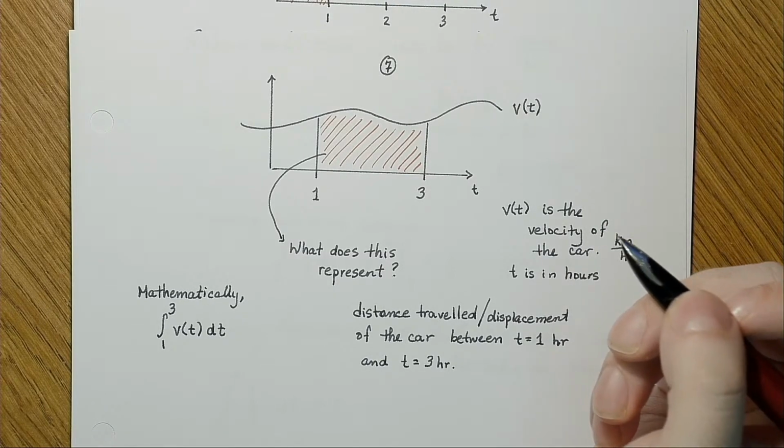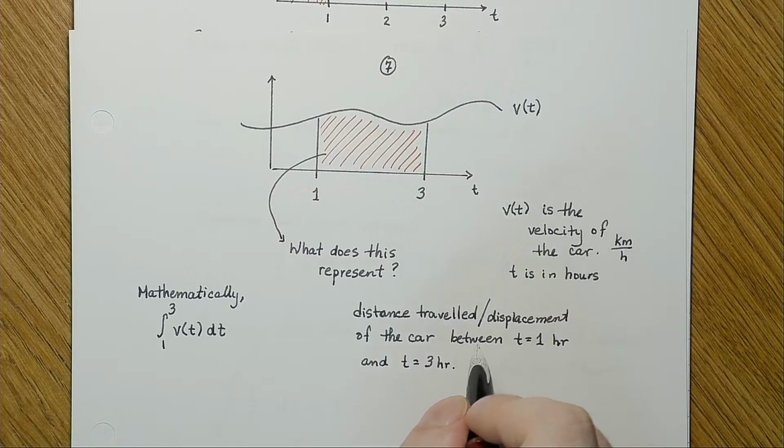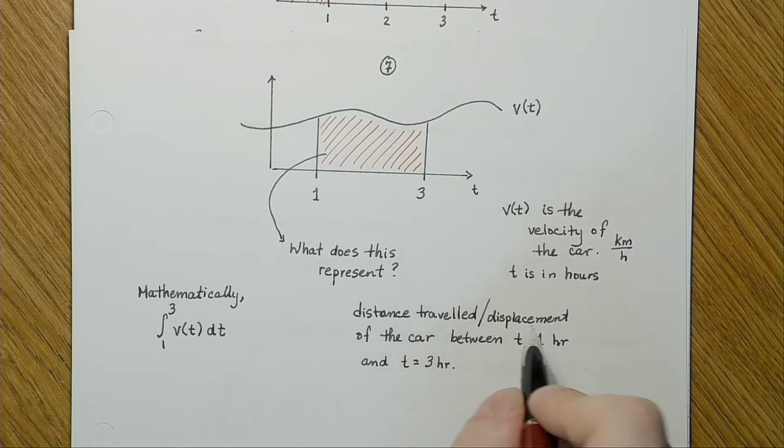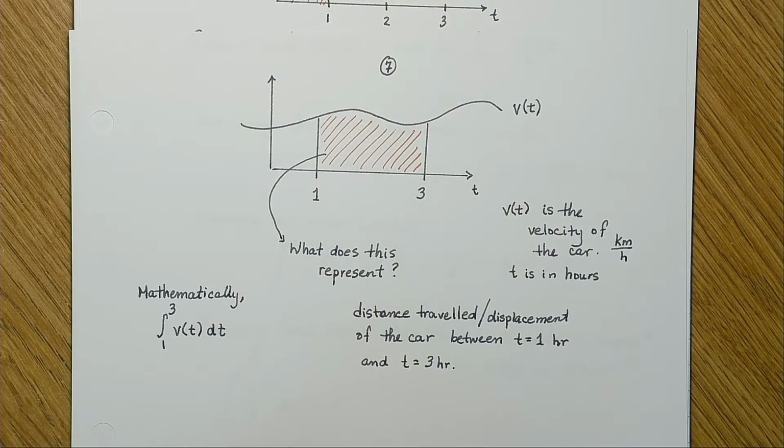Yep. But just a little bit more than just what everyone's been saying, just the distance traveled, it's also specified between those 2 time points. So there's a little bit more information now.